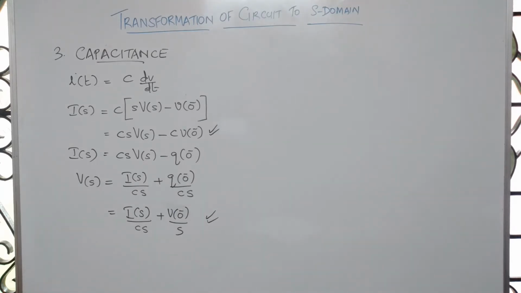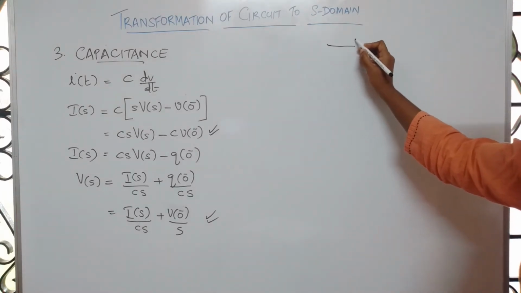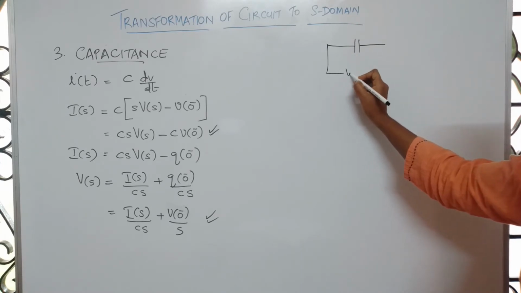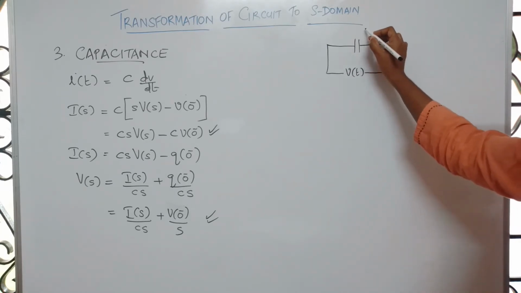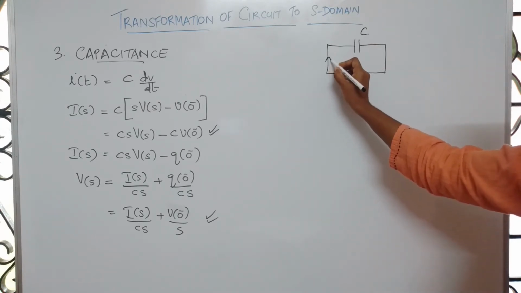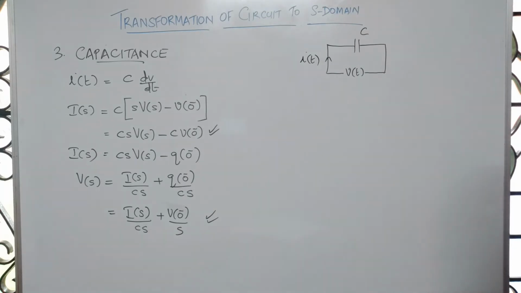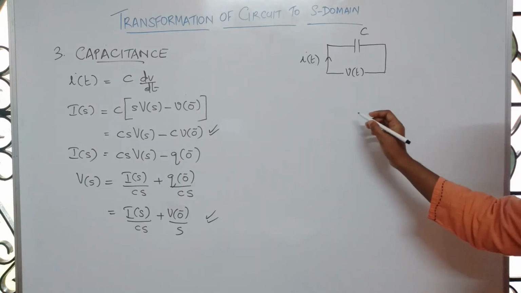Now we can represent it by a circuit. In time domain, we have a capacitor C across which a voltage v(t) is applied. Current flowing through it is i(t). Now when a voltage is applied, we can represent it by this equation.